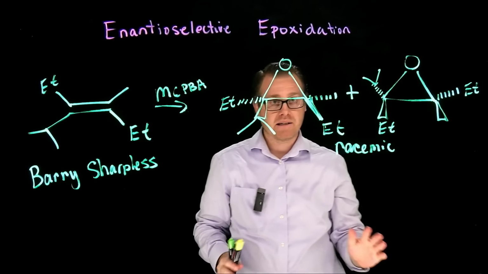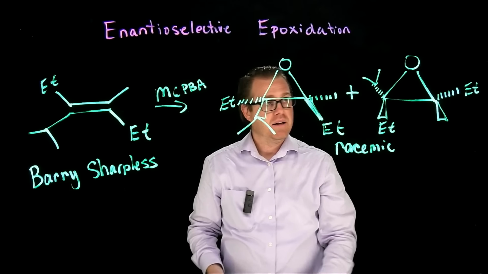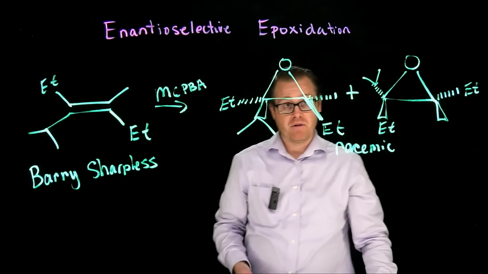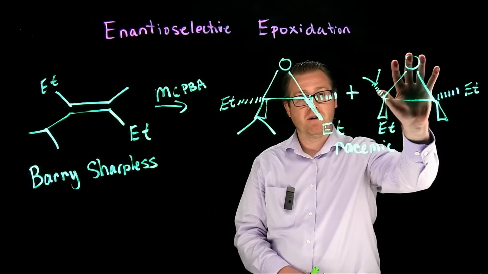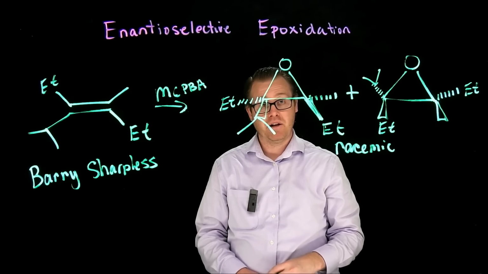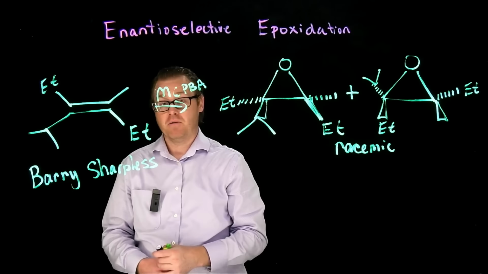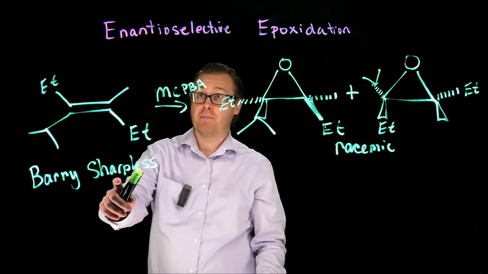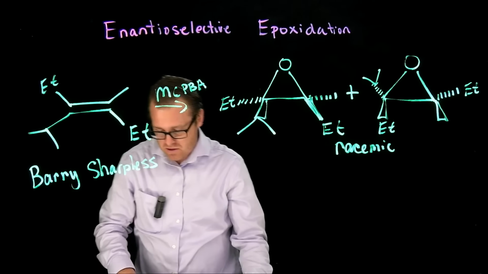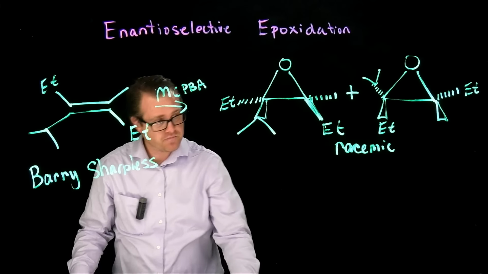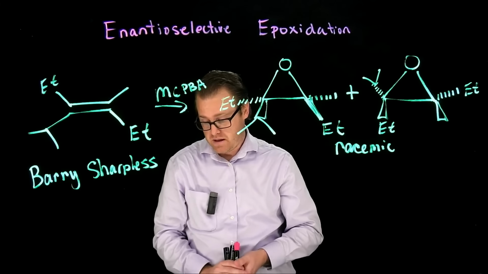It's not impossible, it's just difficult. And when things are more difficult, it takes time and money. So if you could say, hey, I don't want this one, and if there's an easy way to do it, then that's amazing. So Barry Sharpless helps us to do the enantioselective epoxidation. So I want to show you those conditions just so you're aware of them. Okay.